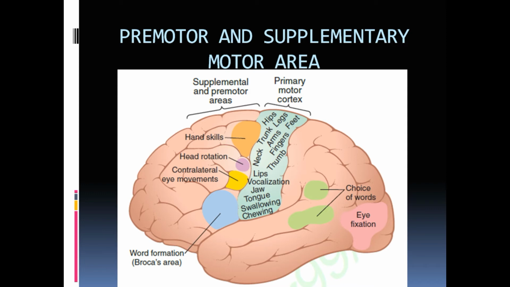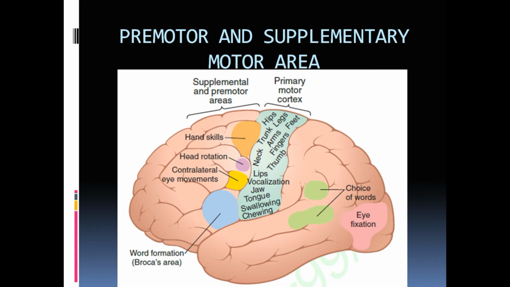So whenever we are performing fine movements, the posture that is to be maintained, which helps to perform that fine movement, is set by the premotor area. And there is also a specialized function of the premotor area called the mirror neurons.